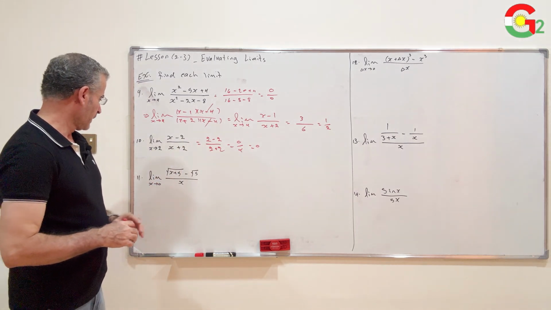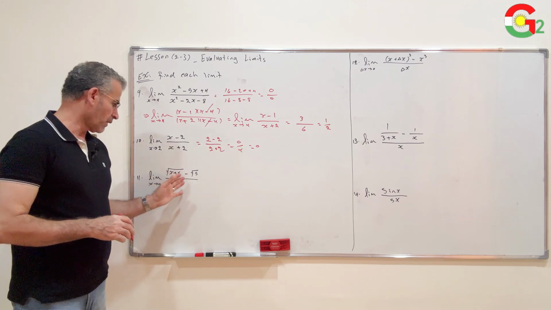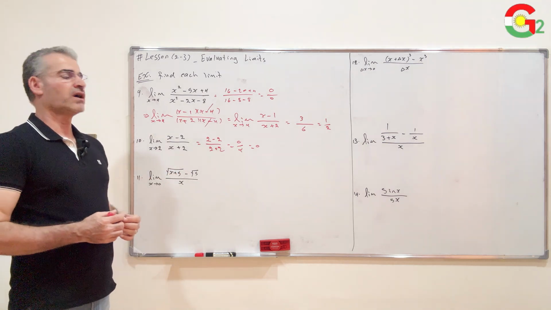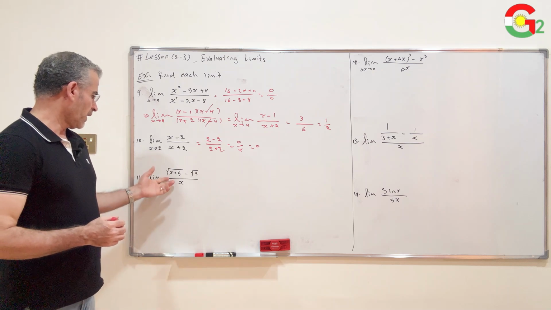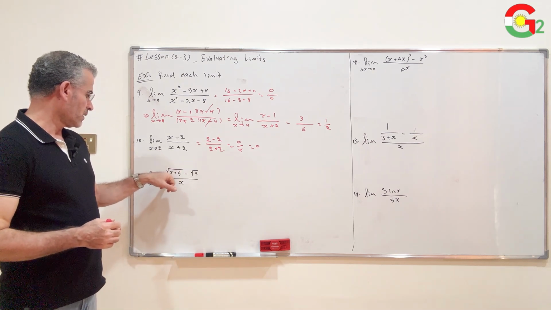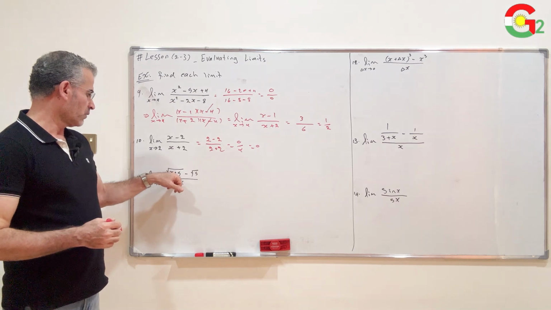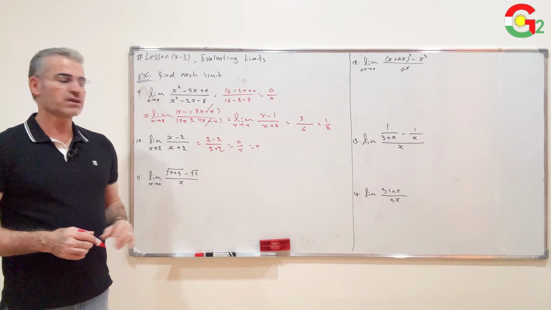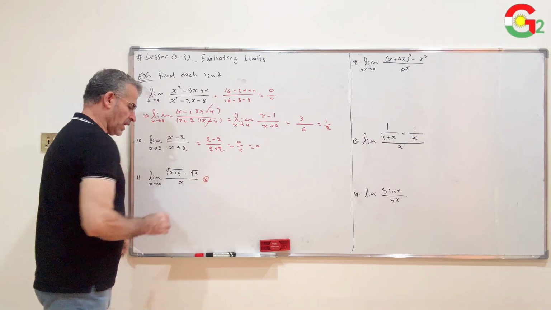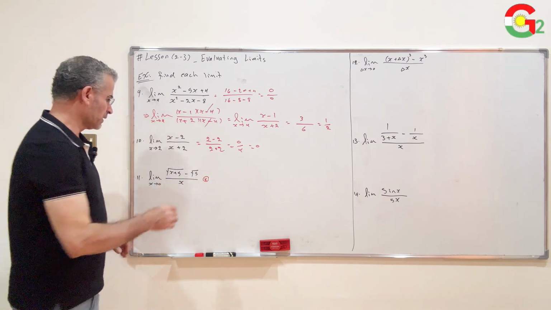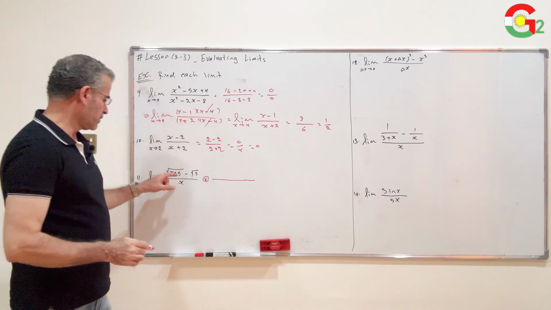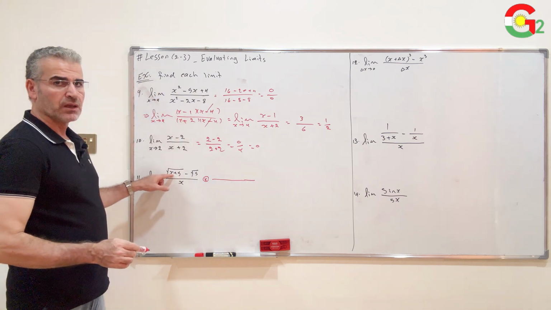Number 11, find the limit for the function square root of x plus 5 minus square root of 5, over x. If I directly substitute every x with 0, then square root of 0 plus 5, square root of 5, minus square root of 5, 0 over 0. But we can solve this kind of limit by multiplying both numerator and denominator by the conjugate of the numerator.